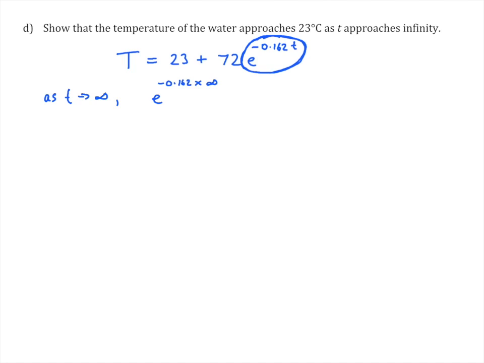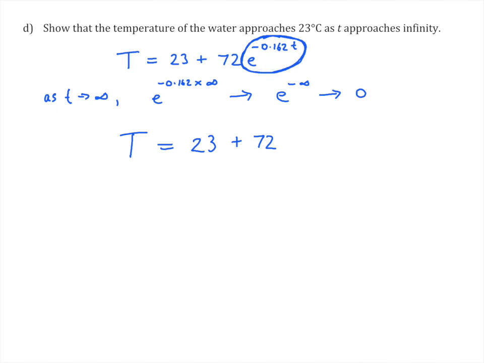Now, if it's times a really big number, minus 0.162 times a huge number is heading towards e to the power of a negative big number. And if you put e to the power of any huge number, the answer is getting closer and closer to 0, which means this equation that we have, T equals 23 plus 72, that circle part there is getting closer and closer to 0.